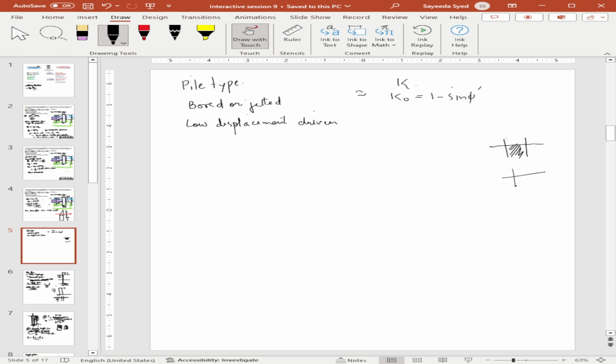So for low displacement piles, it is about 1.4 times 1 minus sine phi dash. And for high displacement driven piles, it is about 1.8 times 1 minus sine phi.